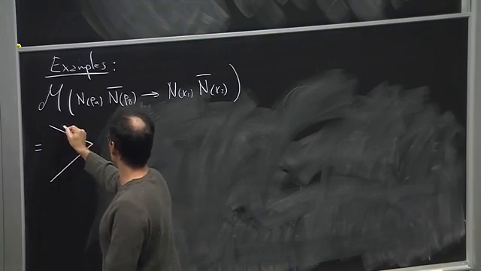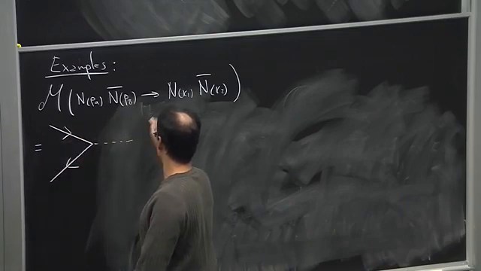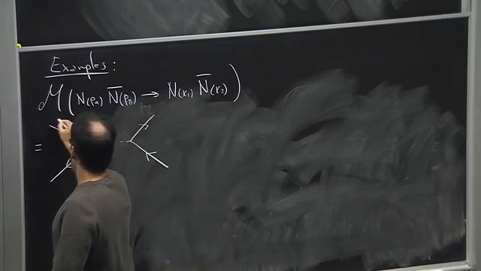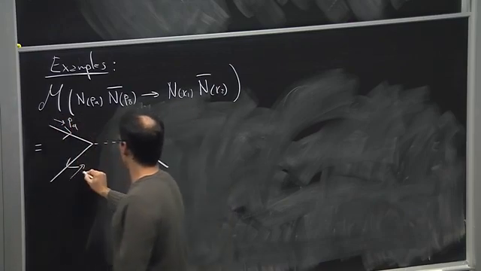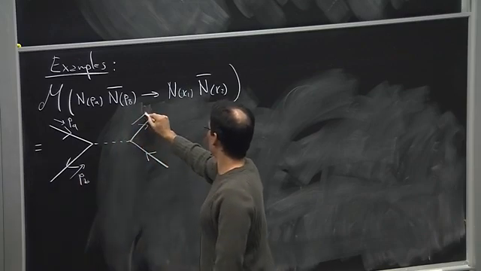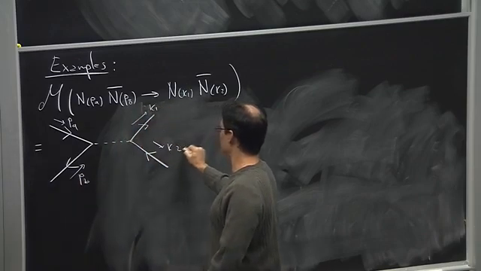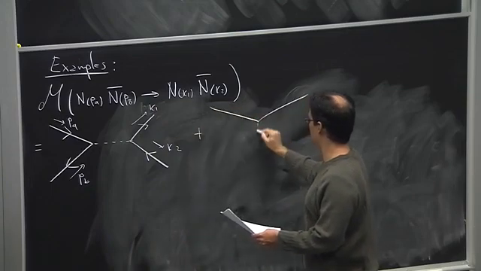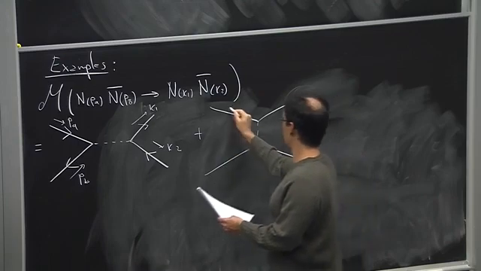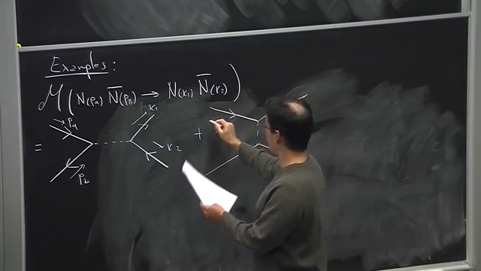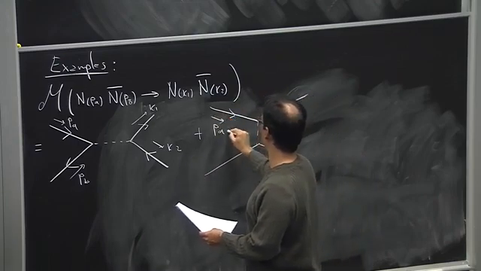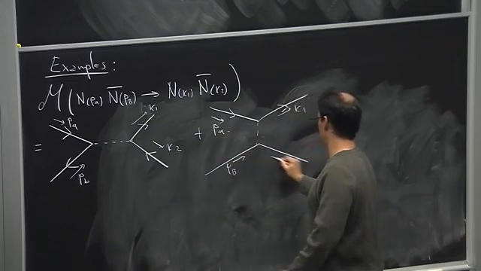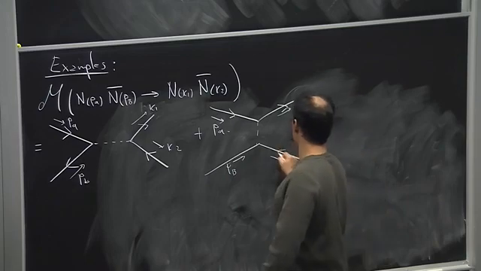Well, I'll get something that looks like this. Here is p_A, this is p_B, here is k_1, here is k_2, and there will be another one which can look like this. This will be p_A, this will be k_1, and this will be p_B, and this is k_2. Okay?